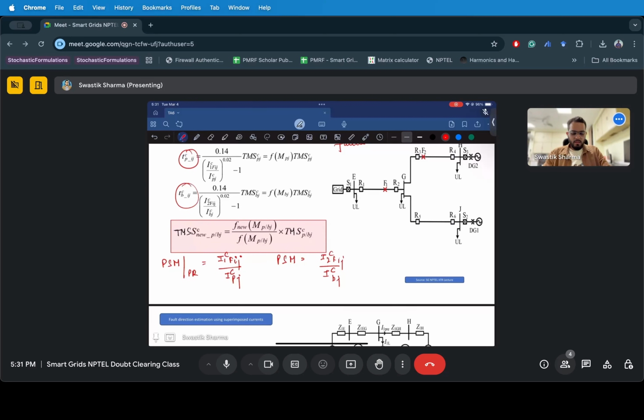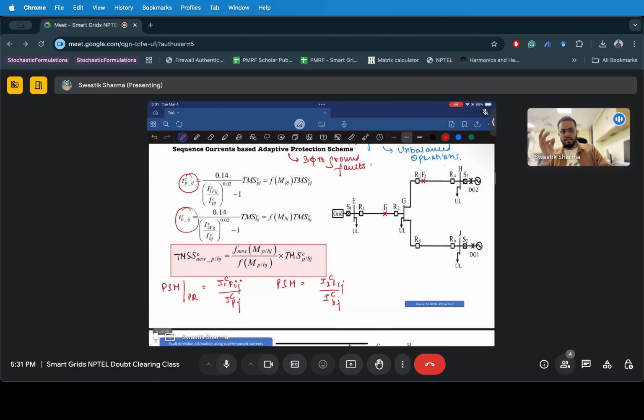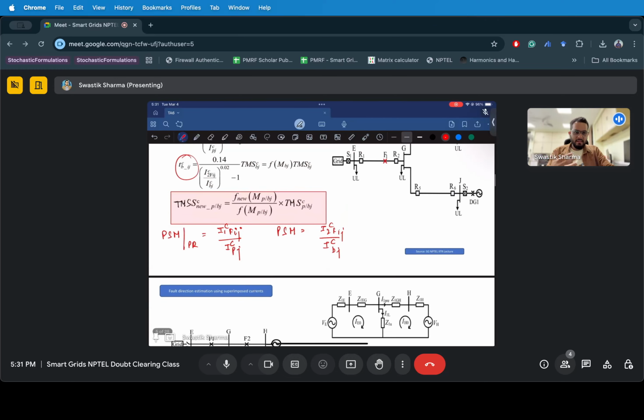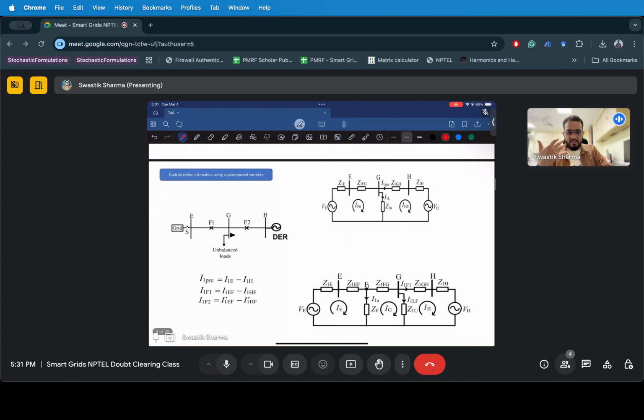So they have now adapted their PSM and TDS, or TMS. Now they need to understand the direction of the current. They have adapted the time dial setting and plug setting multiplier, but how do they sense the direction of the fault?